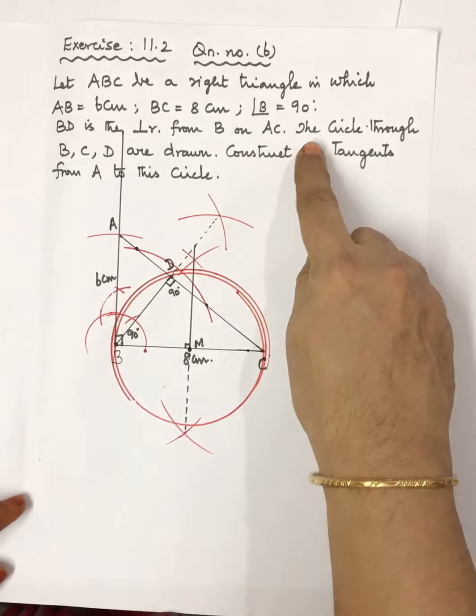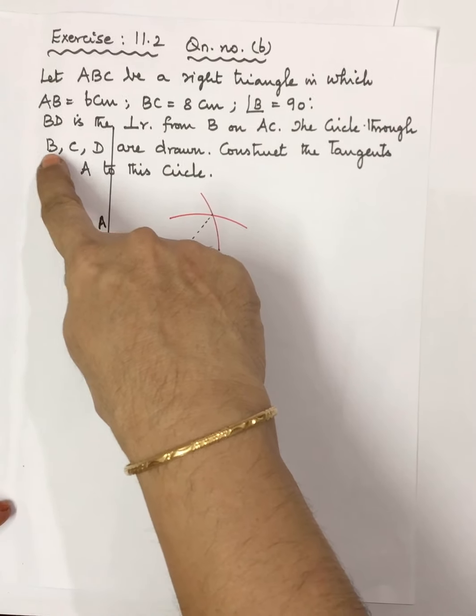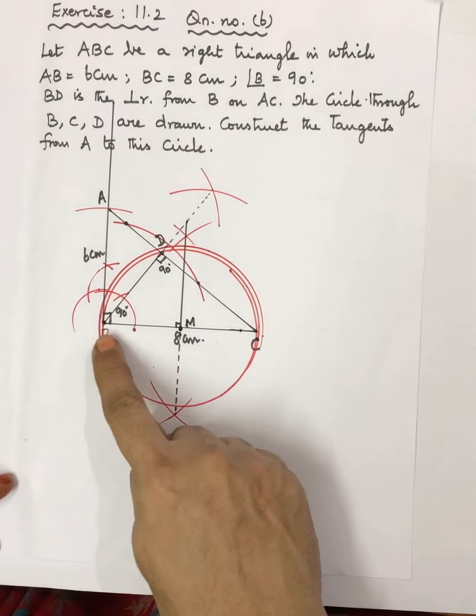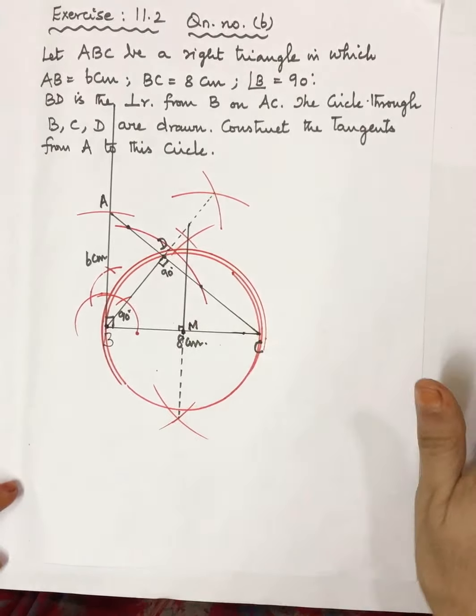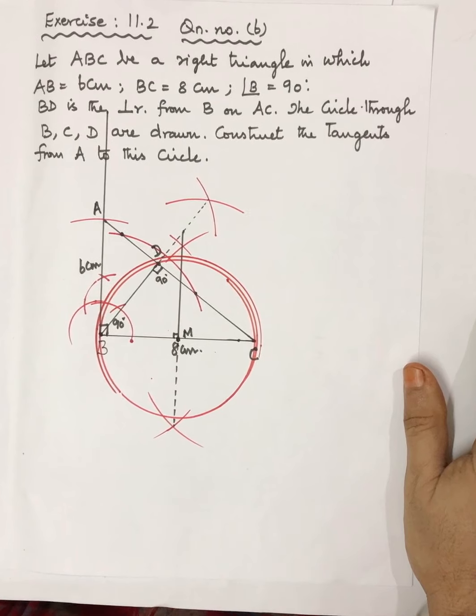So that is the third part. A circle is drawn passing through B, C and D.